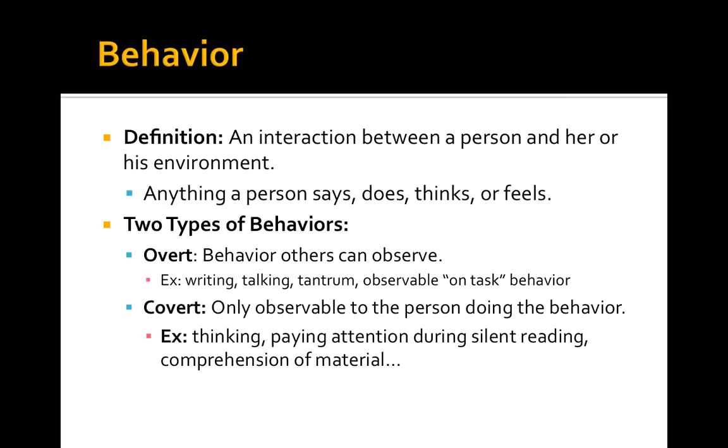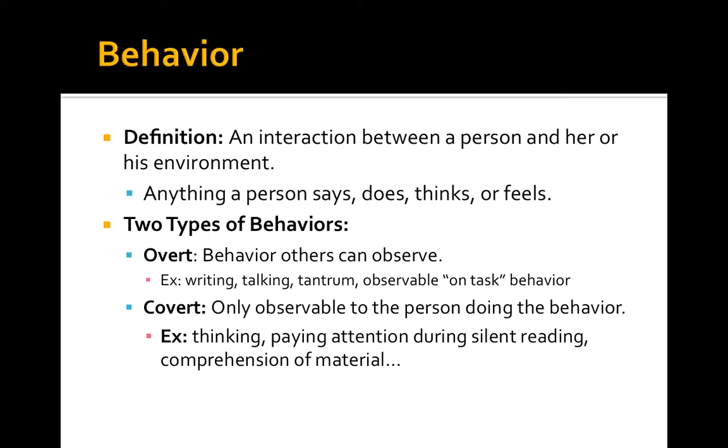If you're watching a student in a classroom and you put an assignment in front of them and the student is staring in a different direction other than the assignment, sometimes it's difficult for us to interpret whether the student's deep in thought about the concepts of the assignment and thinking through different answer choices, or if they're just spacing out. So that is a type of covert behavior. It's hard to observe. Paying attention during silent reading is another example.